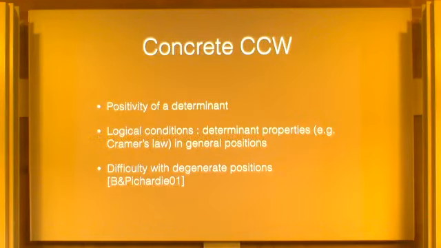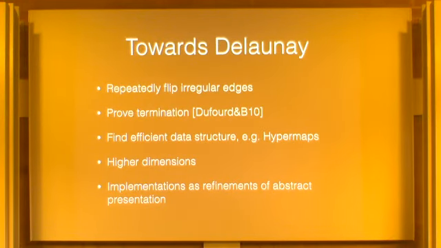So what I would like to be able to do with this is go to higher dimensions and do the implementation as refinement of the formal proof. Right now I have C implementations of the algorithms, but they were completely redone by hand.